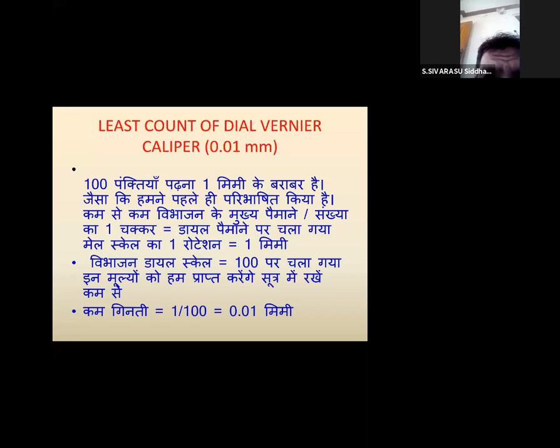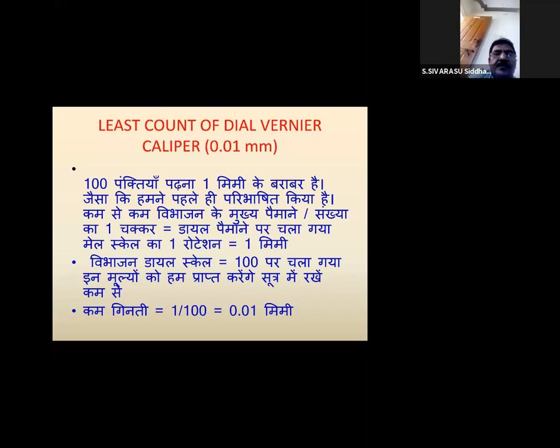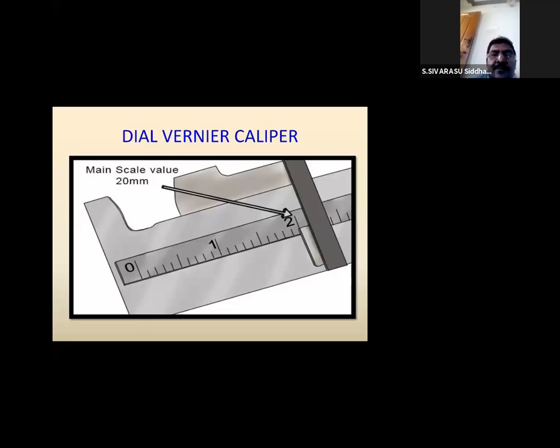Here, with 0.01 mm, each division value is 0.01 mm. That is the least count: 1 divided by 100 gives 0.01 mm. Now the least count should be clear.